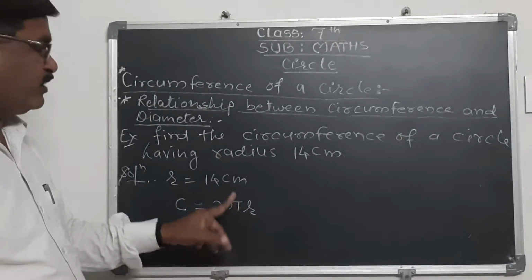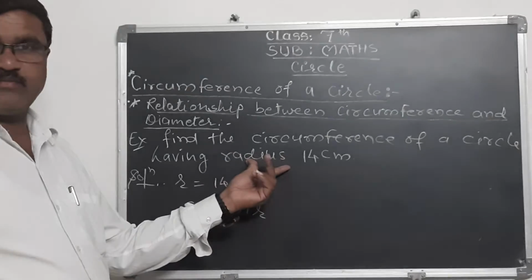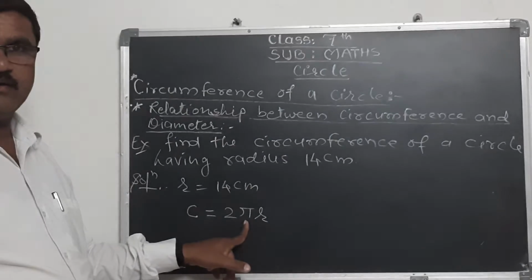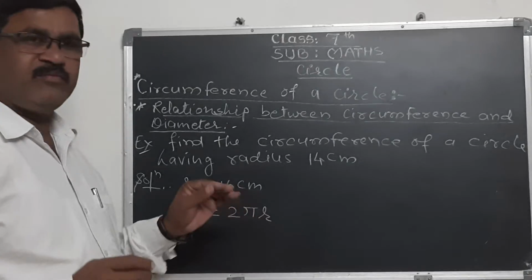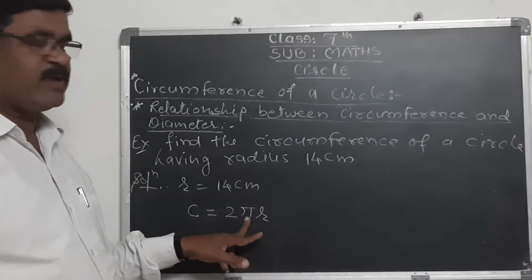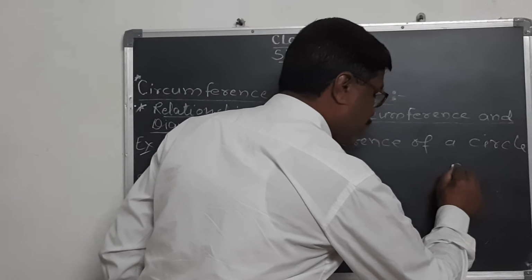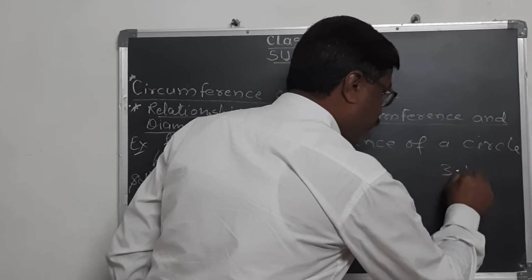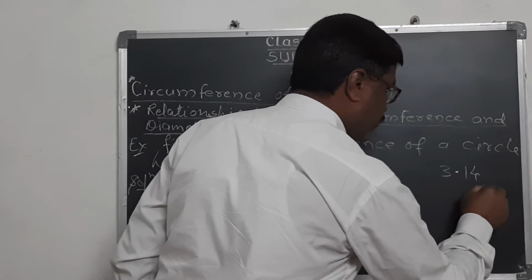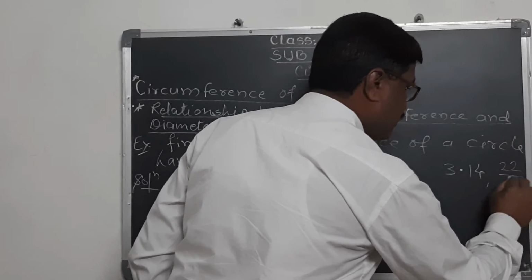The value of pi is not given. Many times the value of pi is not given in the example, then we put the value 3.14 or 22 by 7.